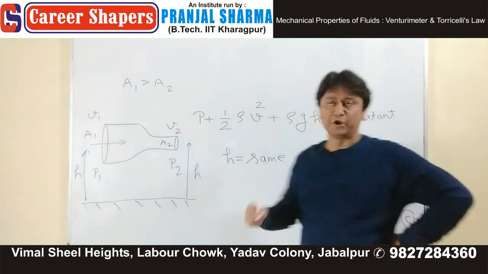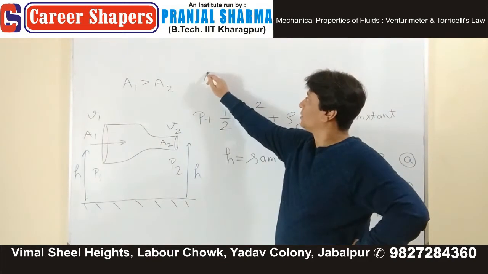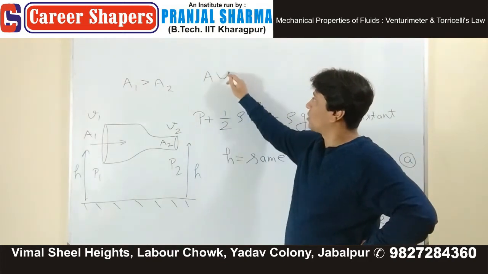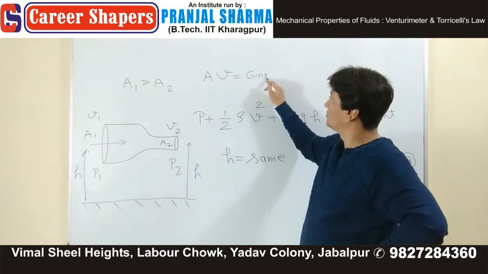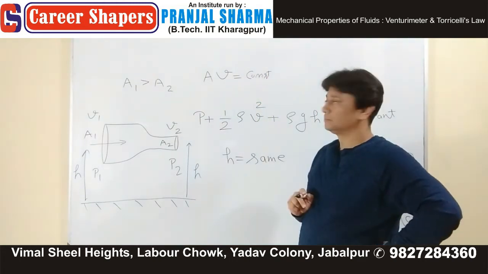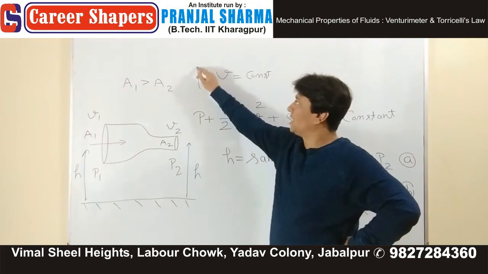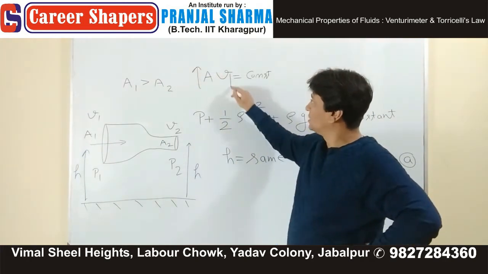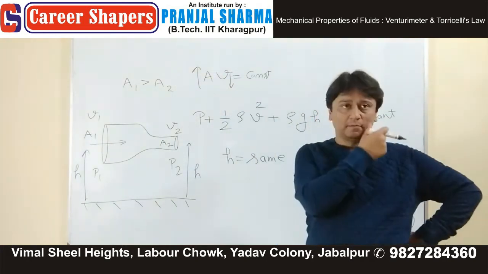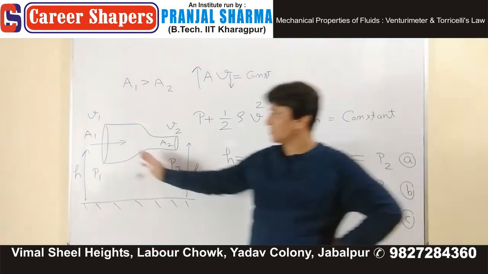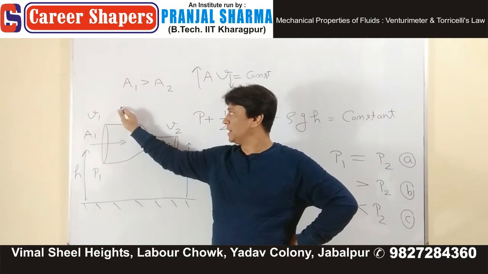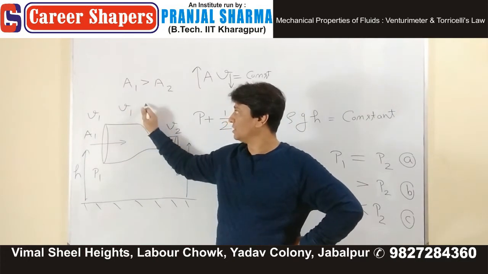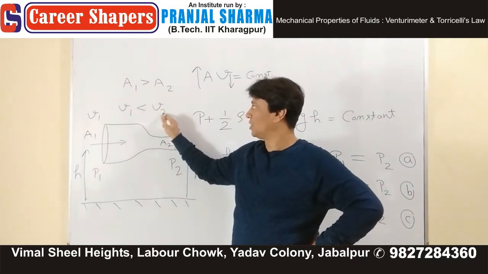And what is continuity? Continuity theorem tells us that product of A and V is a constant. So if you increase A, you must decrease V. A1 is greater than A2. It immediately tells us that V1 therefore should be less than what? V2.